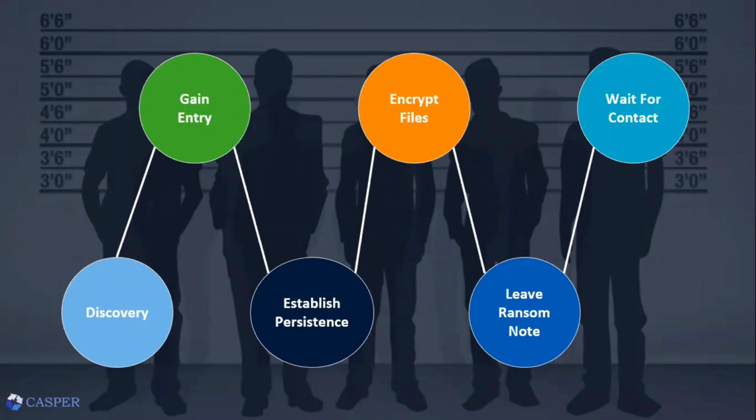Then they look at the way they can gain entry into the network. They've understood how it works: these people have staff that work remotely, they use RDP, this is how we can enter. So now they try to gain entry. This is the process they use to get a foothold inside the network.